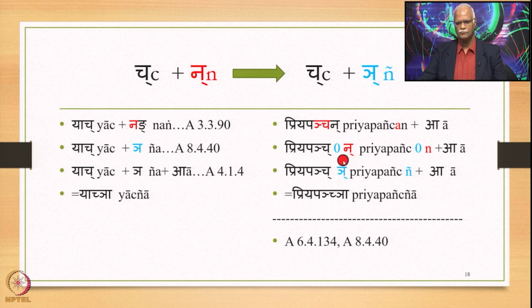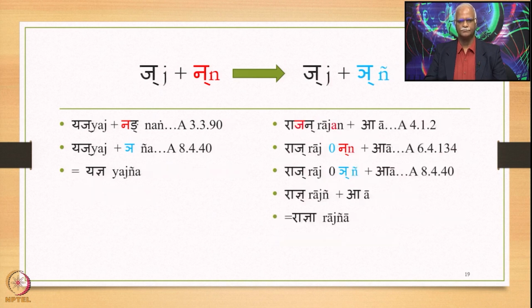And now this is shchu, this is stu, and stoshchunaschchuhu applies with the purva nimitta, and therefore this na is substituted by ya, which is the fifth sound in cha varga. So we have priya panch ya and a, so priya panchya. This is the example set of ch plus na being the input and ch plus y being the output.